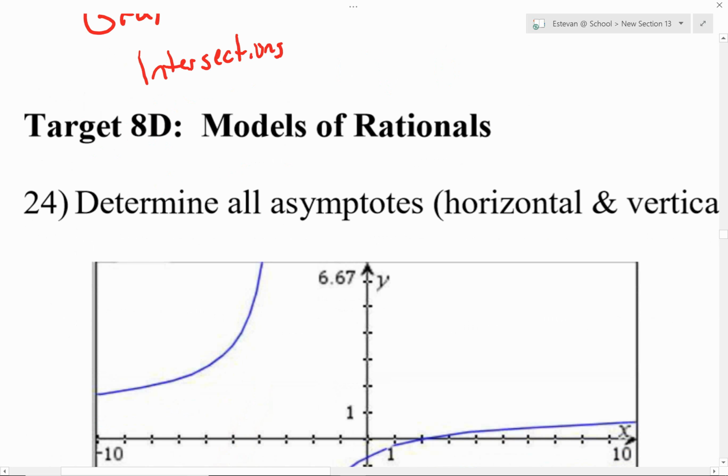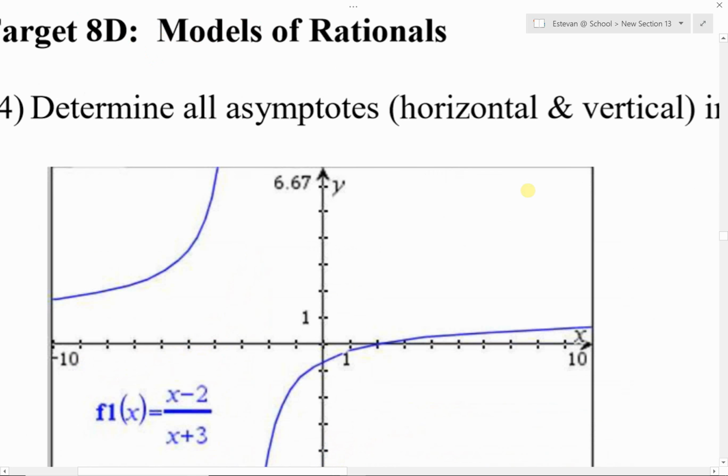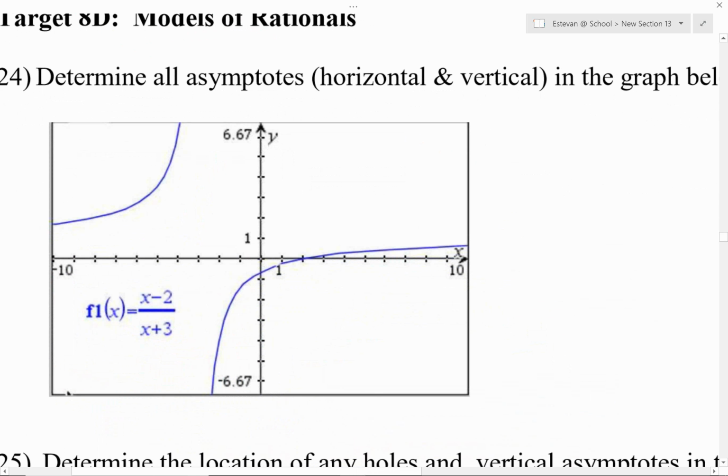Last one, 24. Determine the horizontal asymptote and vertical asymptote. There's two ways of looking at it. Vertical means up and down. So what line do they not go into? You see here, they're getting closer and closer to that line. Vertical always has to be x equals, and horizontal is y equals.